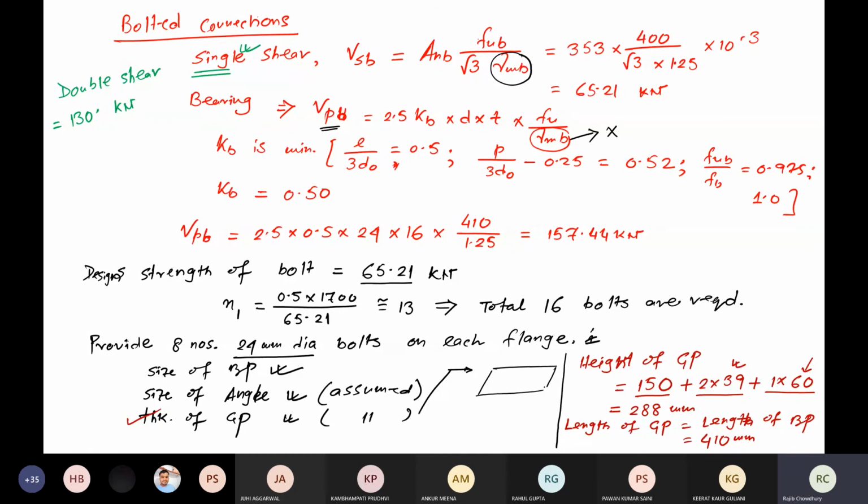If you look into the different values, the single shear is coming 65.21, the double shear is coming 130 point something, and the bearing is coming 157.44, right? Out of this, I have to take the minimum one. Now you would argue with me about why I would consider the single shear.